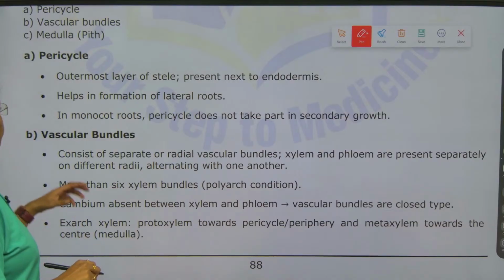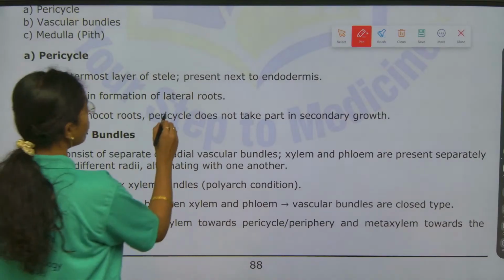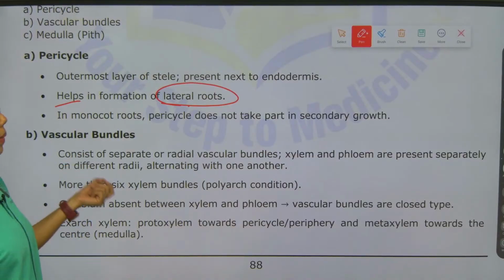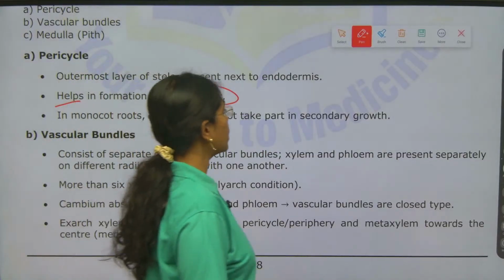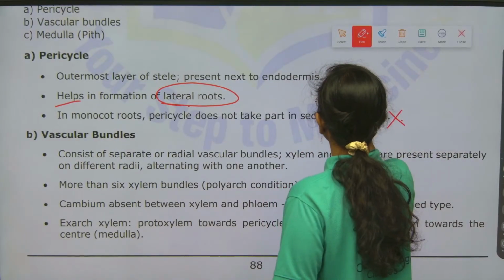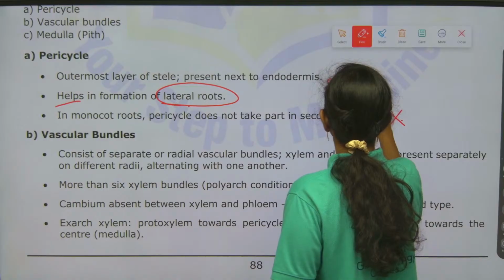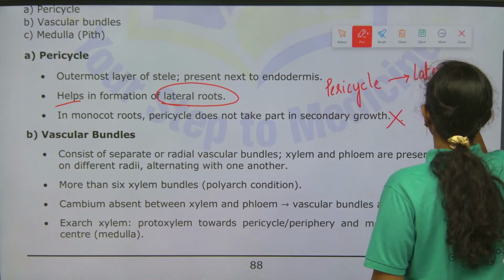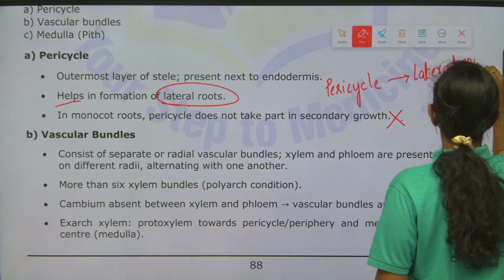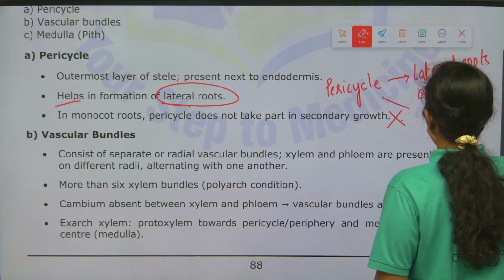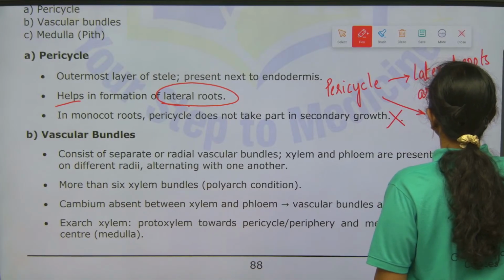This helps in formation of lateral roots, and in monocot root if you observe, pericycle does not take part in the secondary growth. So from pericycle only lateral roots will arise. No cambium.